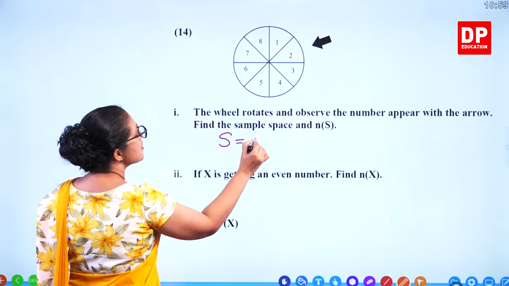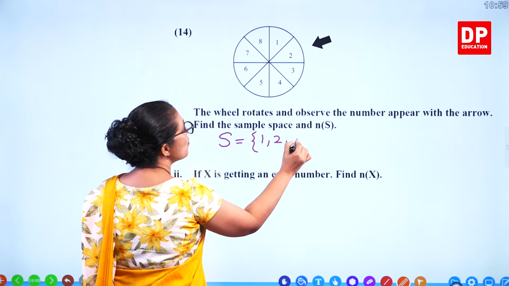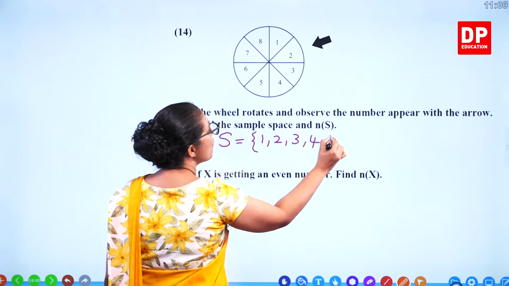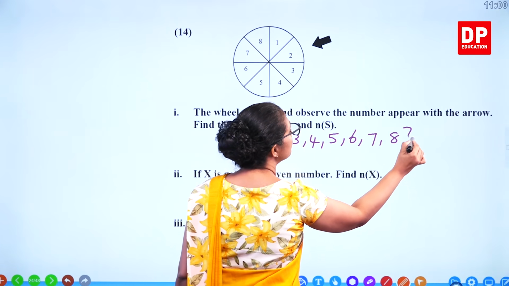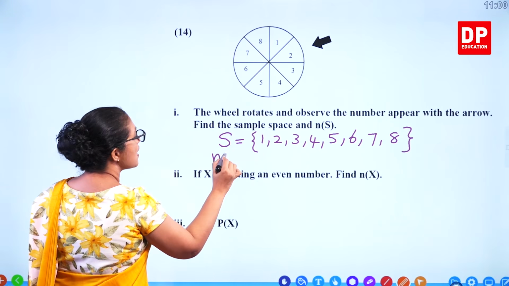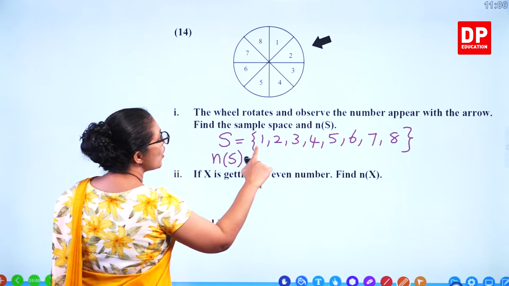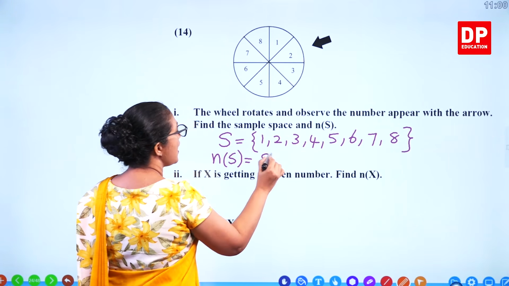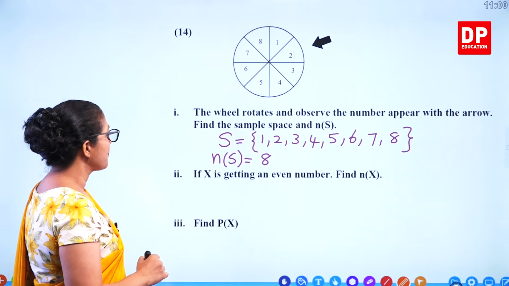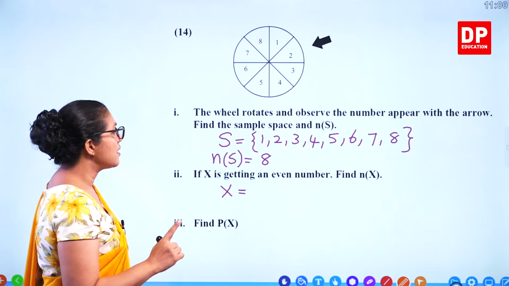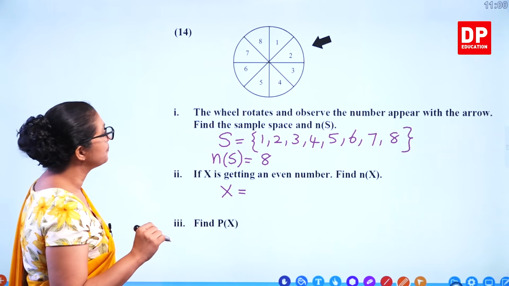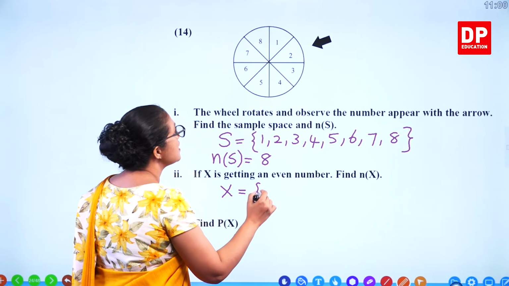So S says 1, 2, 3, 4, 5, 6, 7, 8. So how many outcomes are there? 8 outcomes are there.